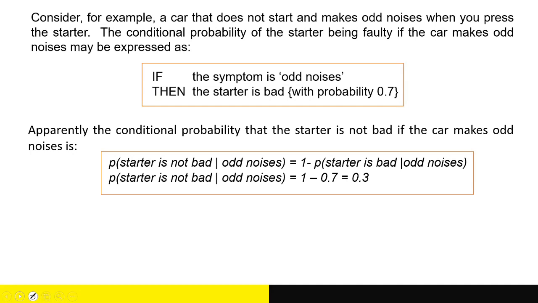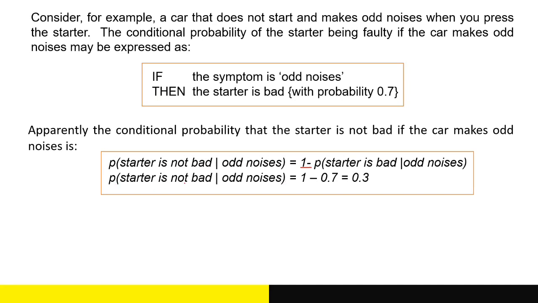So the probability that the starter is not bad given the odd noises is equal to 1 minus the probability that the starter is bad given the odd noises. If you are wondering where this 1 comes from, it represents the total probability of the two mutually exclusive events, which are the starter is bad and the starter is not bad when odd noises are observed.